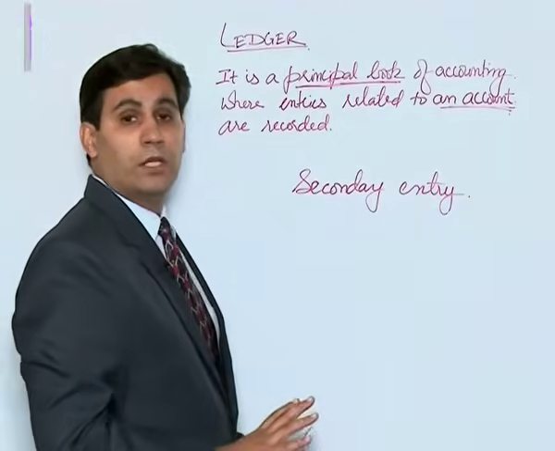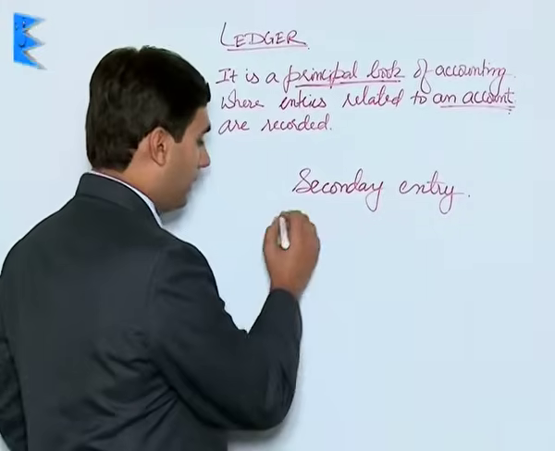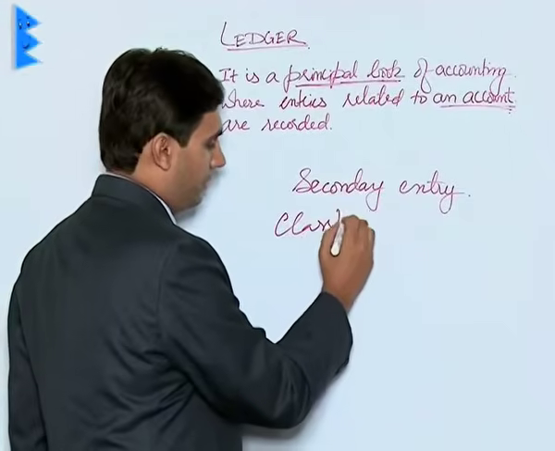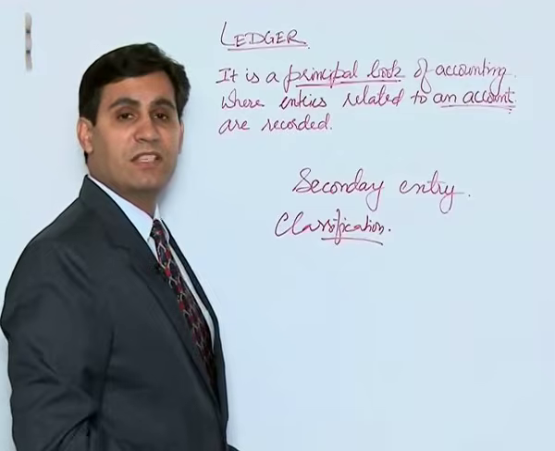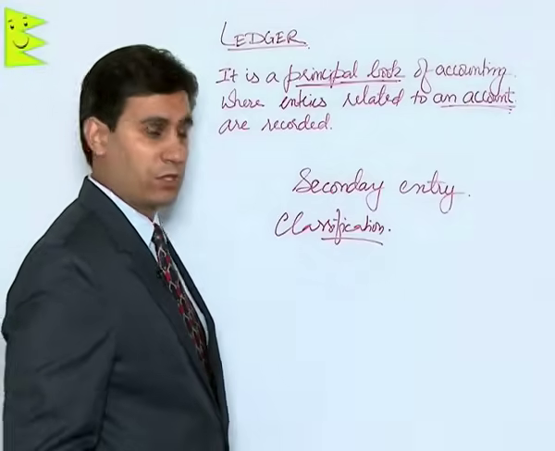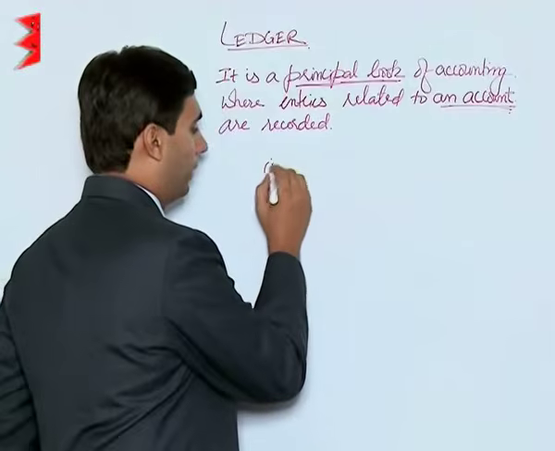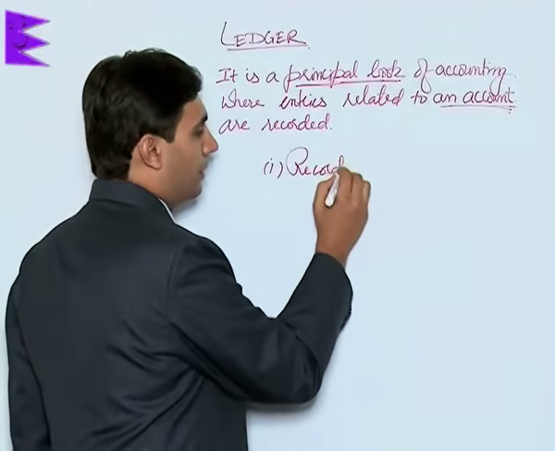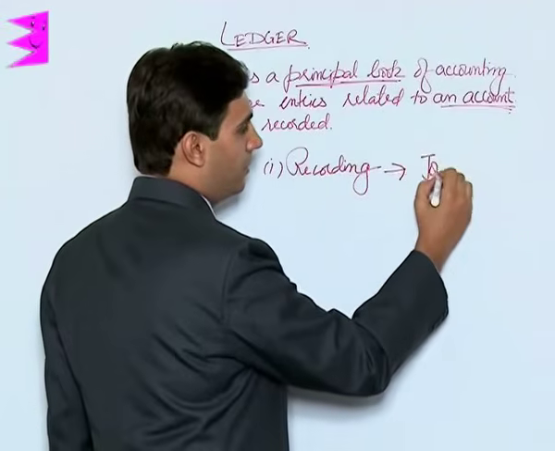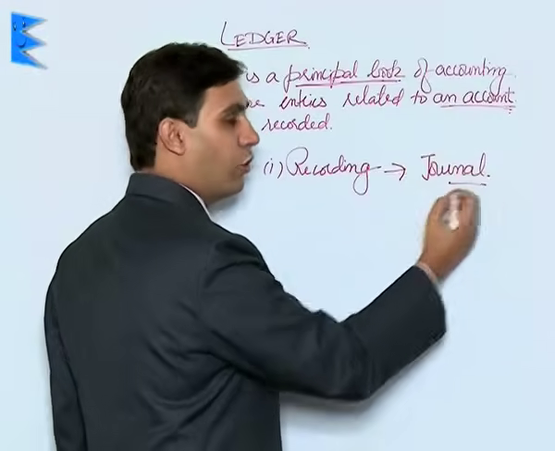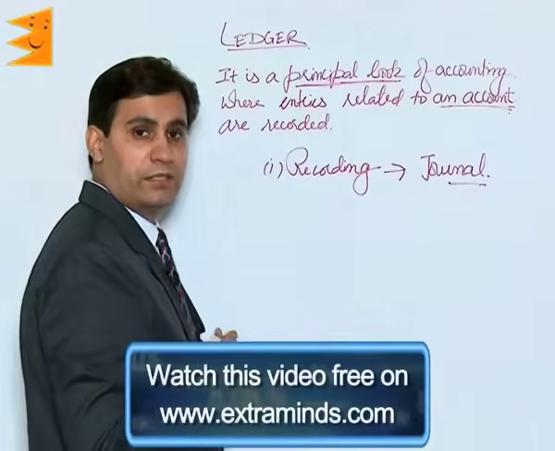Now students, you must remember this thing, that ledger performs the function of classification. Let us recall, we had done this in previous sessions, that accounting performs various functions. What are those functions? The first of those functions was recording. That is, the transactions are recorded. This function is performed by journal, wherein all the transactions are recorded by duly applying the rules of debit and credit.